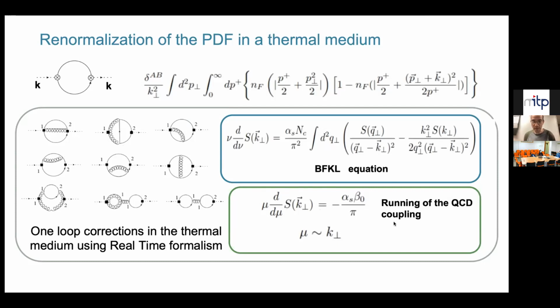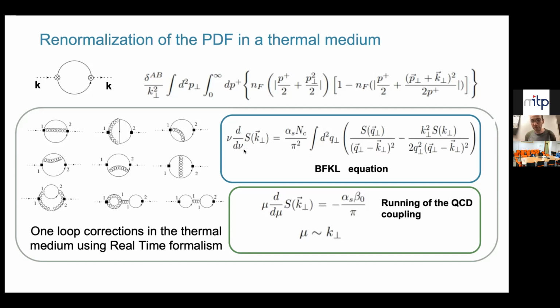That's straightforward to understand. The second equation is far more interesting: you also have an evolution in rapidity. Here nu is a new regulator that you need to introduce in order to separate out the physics of the collinear and the soft medium. But the important point is that this function is also evolving in rapidity, and the equation for the evolution is actually the BFKL equation.